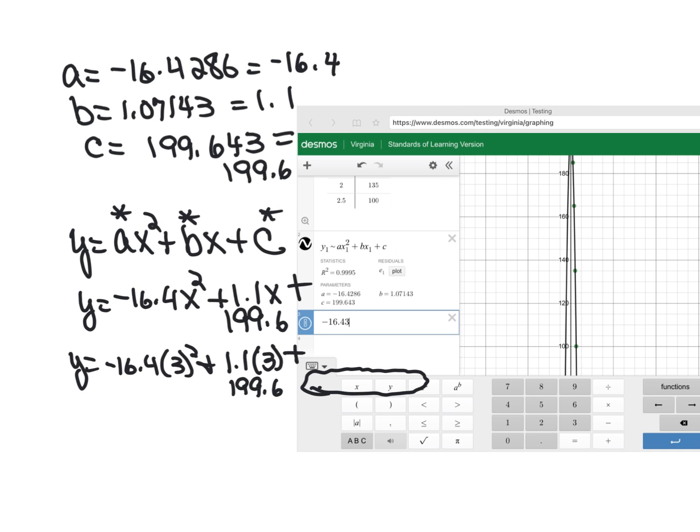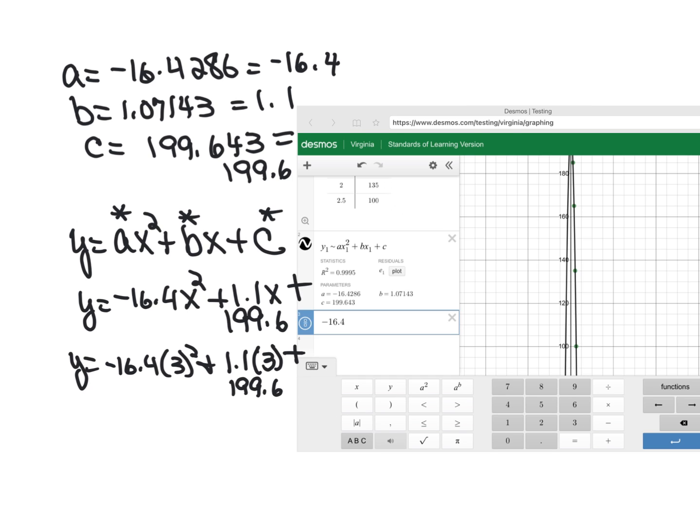times 3, and always make sure that you put your exponents, numbers raised to powers, in parentheses. For some reason, my parentheses is not wanting to work. So let me see if I erase that, if that'll help.